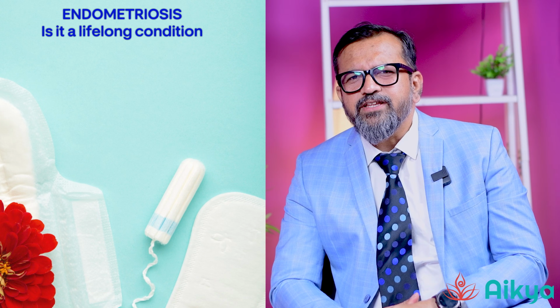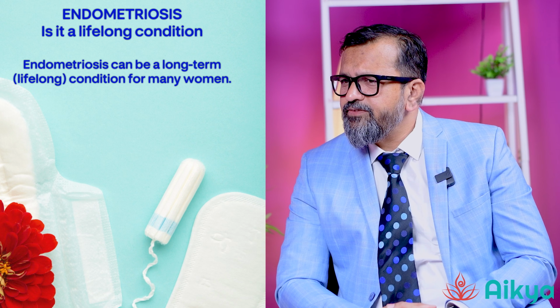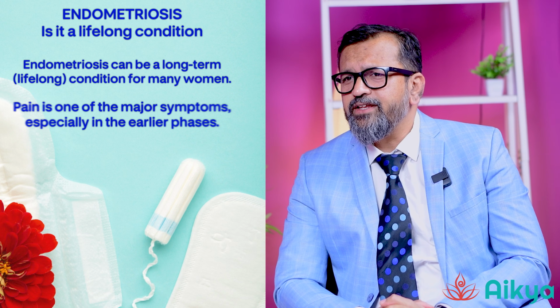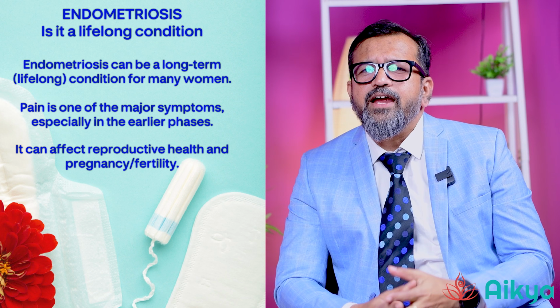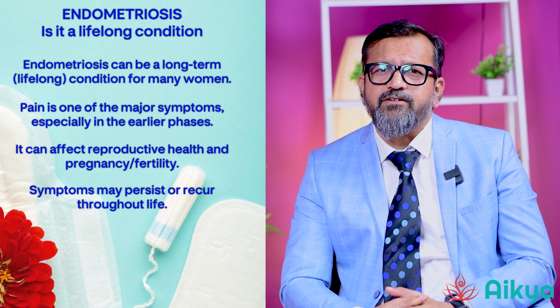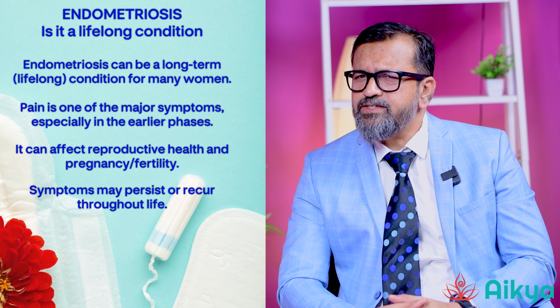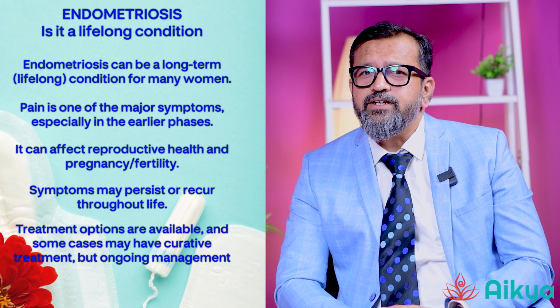Sorry to say, the woman has to deal with it lifelong. In the early phases of life, because of the pain, then sometimes for reproductive outcome, pregnancy, and throughout life, they will have some kind of pain or symptoms associated with it. Yes, we do have a curative treatment, but you have to deal with it lifelong.